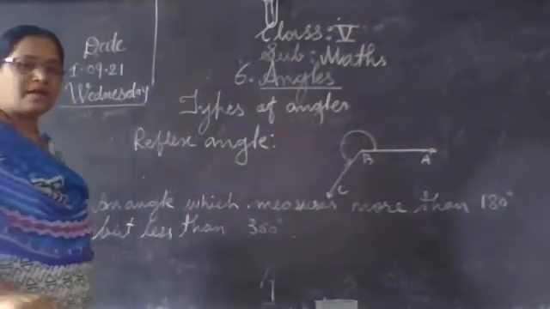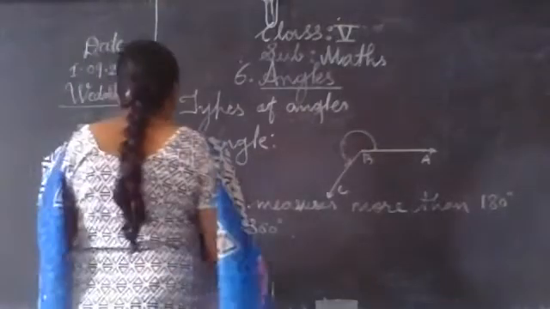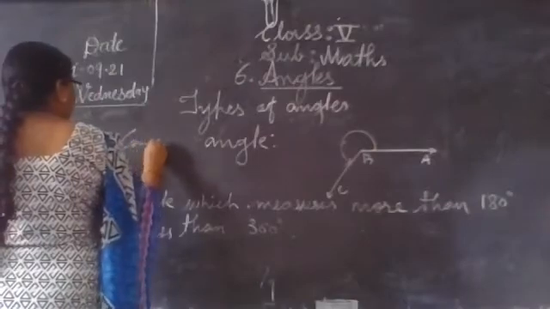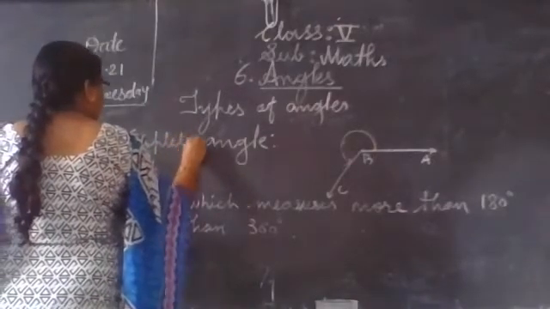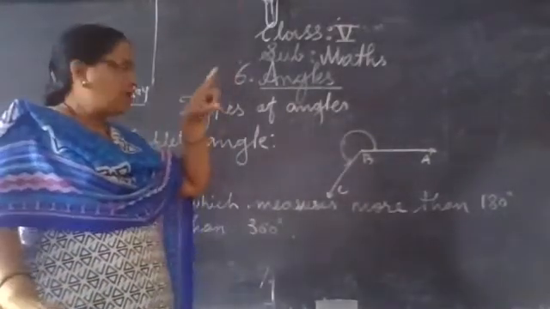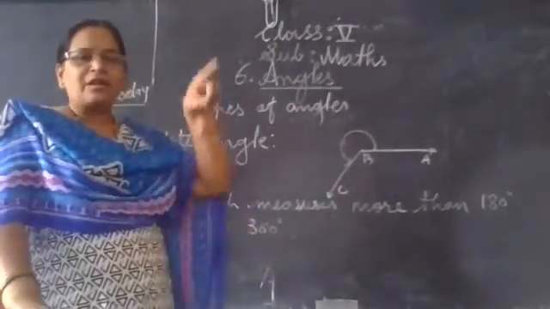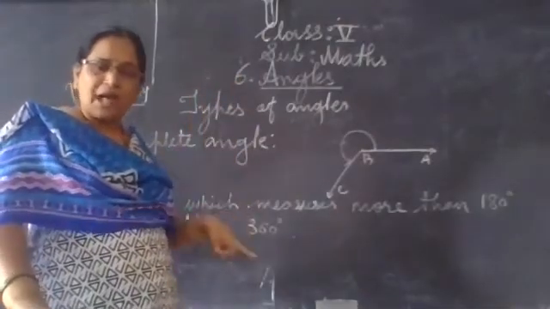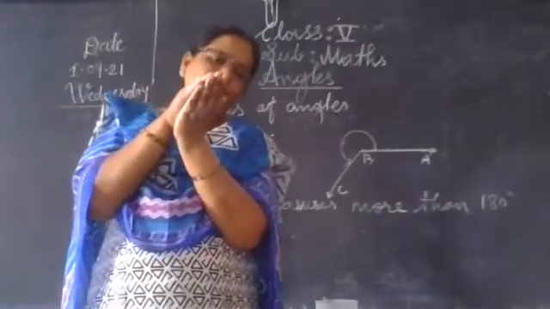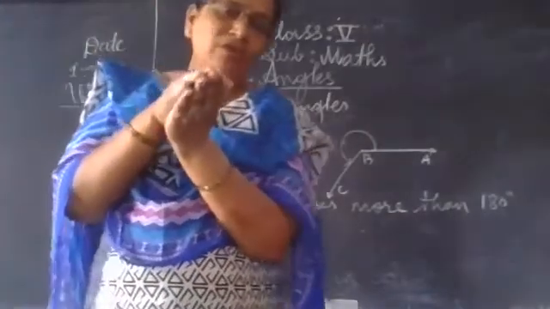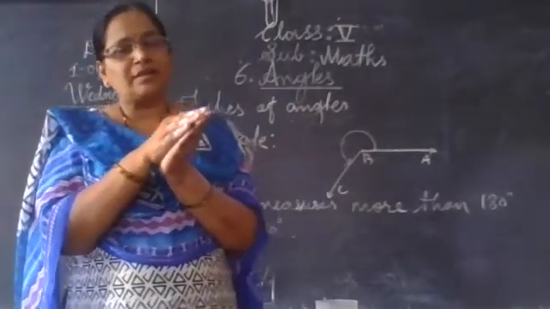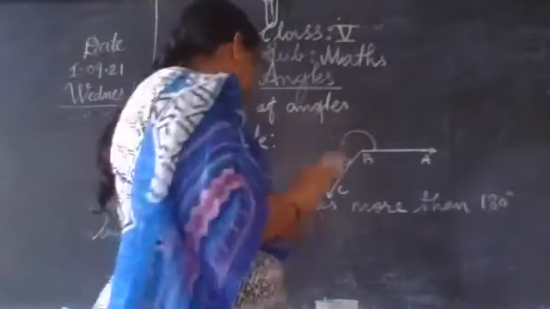Now the next is the complete angle. Complete means one hand completes one rotation or one round. After rotating one complete round, when two rays coincide with each other, it is known as a complete angle.